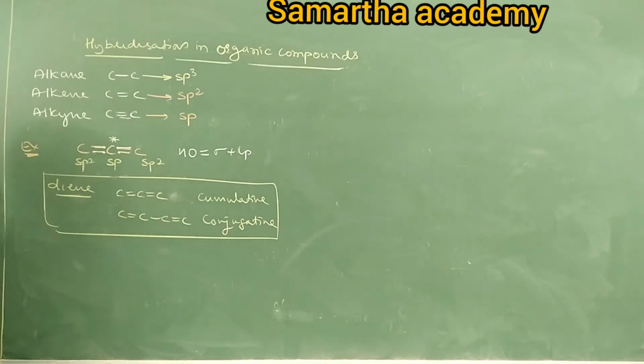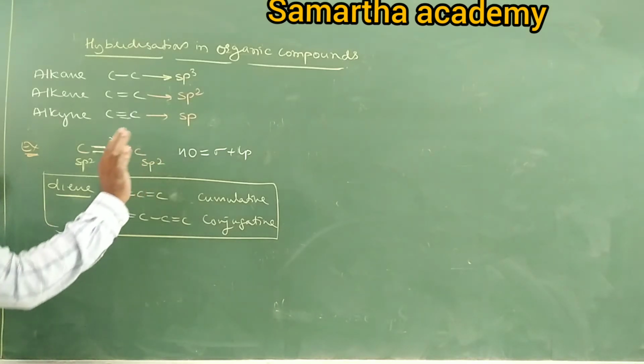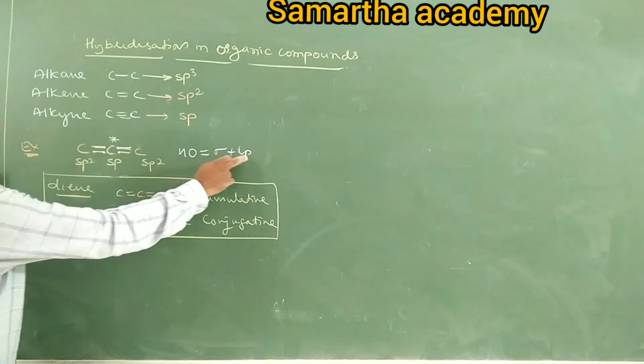Remember, pi bonds do not contribute in hybridization, because pi bonds are not formed by hybrid orbitals. Only sigma bonds are formed by hybrid orbitals. That's why we do not consider pi electrons. So sigma plus lone pair.